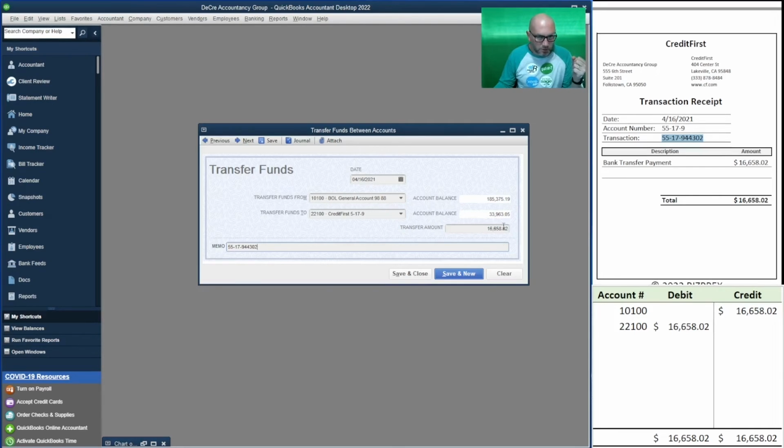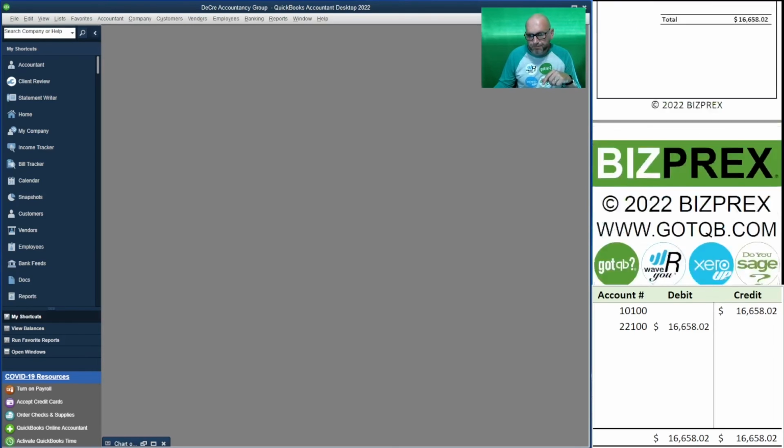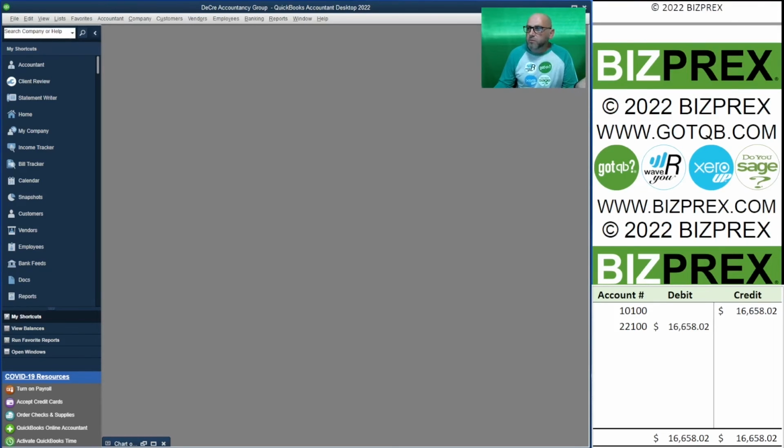And this amount at the same time is a debit to account 22,100, which is a liability, and liabilities are also reduced when debited. So we take money from here to pay off this credit card, right? And save and close. That concludes booking credit card transactions for April.